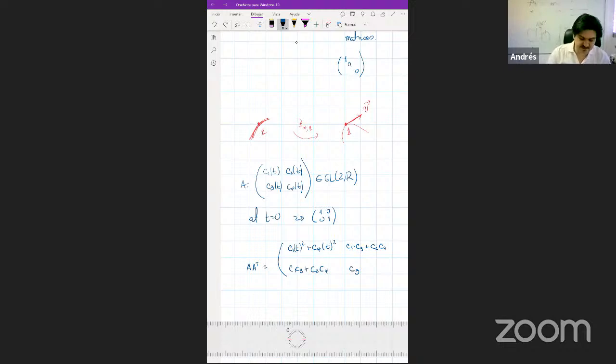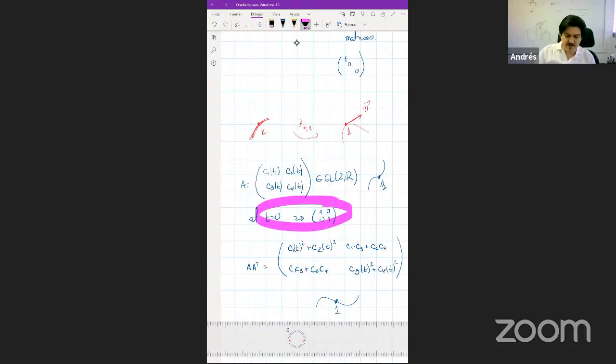Oh wait, there's a mistake here. That is 3, right? No, c1, c2. So this is the curve at the identity. I apply the function. I get this curve. I only care that it goes through the identity.